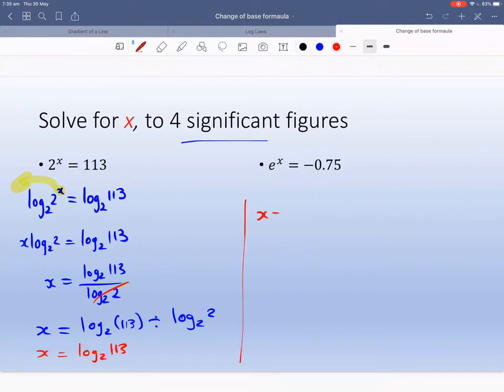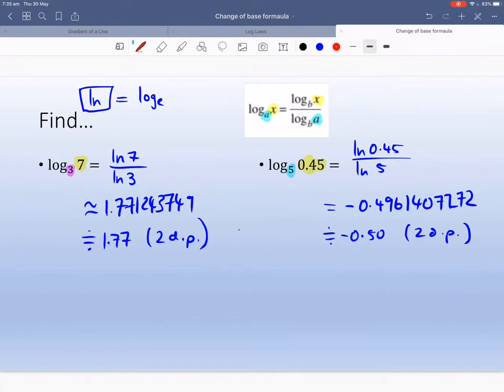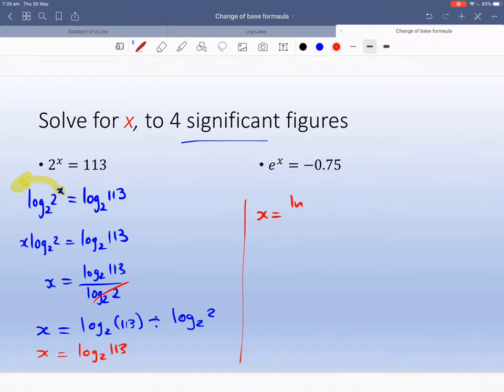So x equals ln of 113, with the base going down to the bottom, over ln 2. Let's punch that into our calculator. And we get a numerical value of 6.82, and so on.